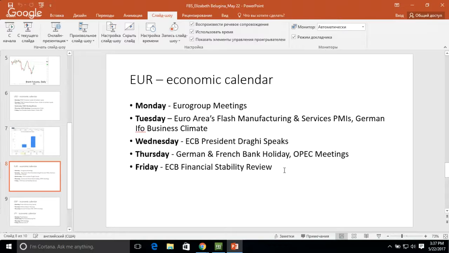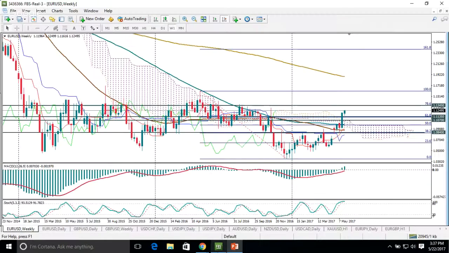The main risk for the euro, I think, comes from Mario Draghi on Wednesday, as he is expected to say something positive, to acknowledge the positive things which happened in the European economy.